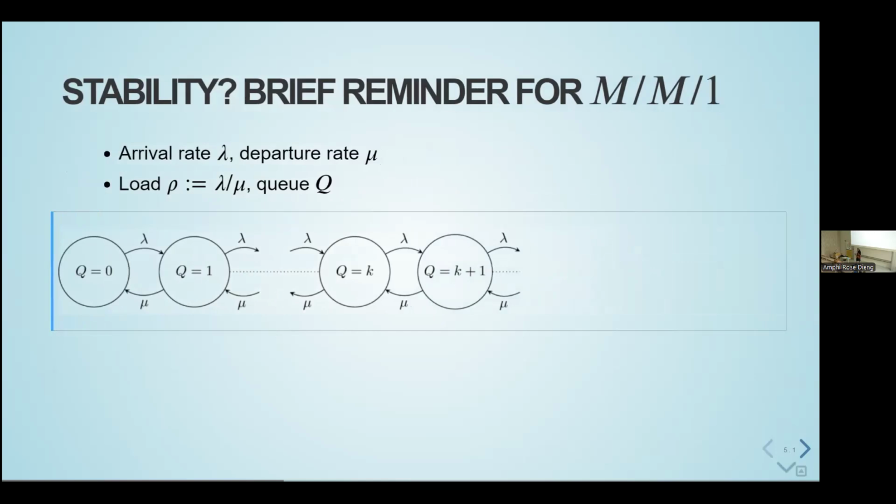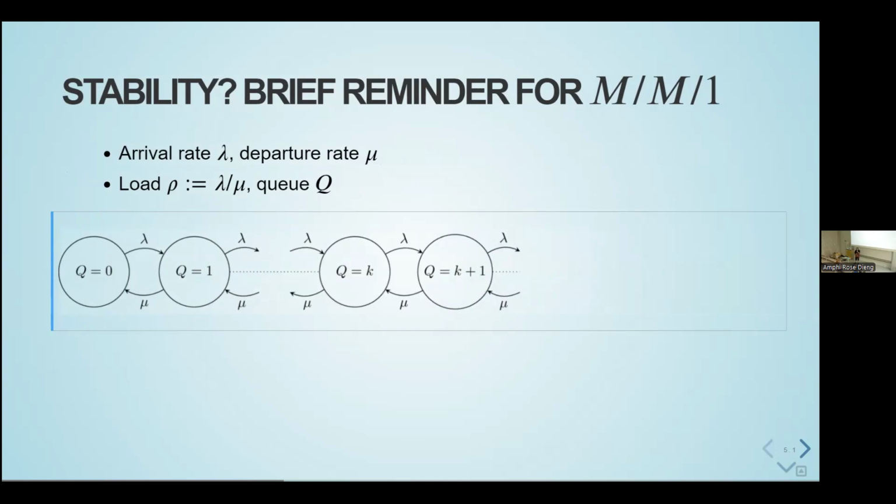So what did we achieve in terms of theoretical results? To do that, I will make a brief reminder, very simple, very basic, for those that know a bit about queuing theory, about the M/M/1 queue. So you've got this queue with arrival rate lambda, departure rate mu, and the load lambda over mu.